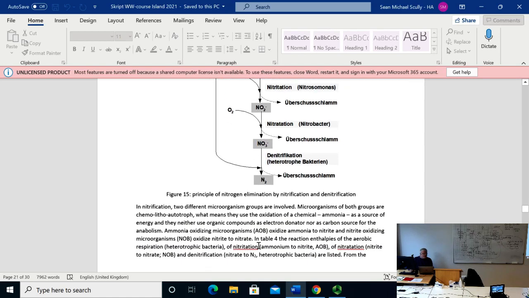Is dinitrogen monoxide monitored? Not really, but it has been surveyed in Switzerland by EAWAG in different plants, and they found that as long as nitrification runs well, you have almost no production of N2O.